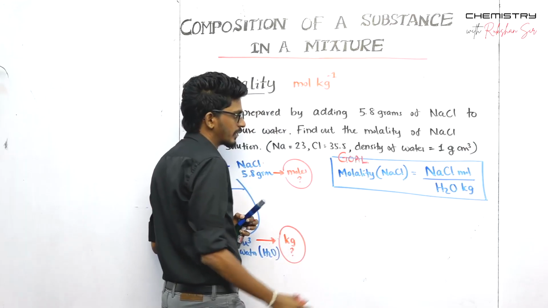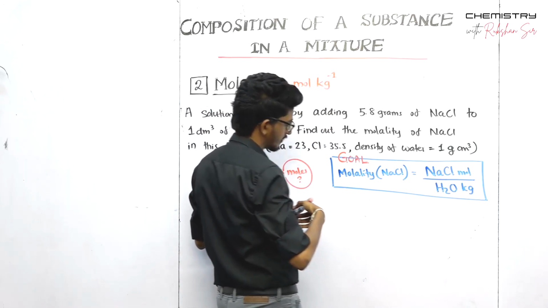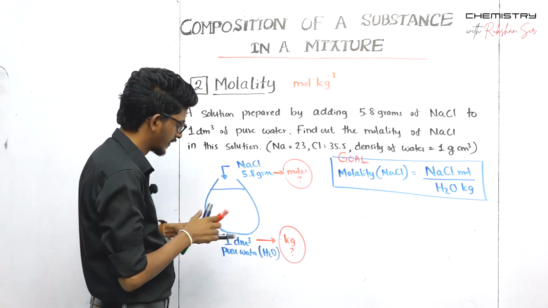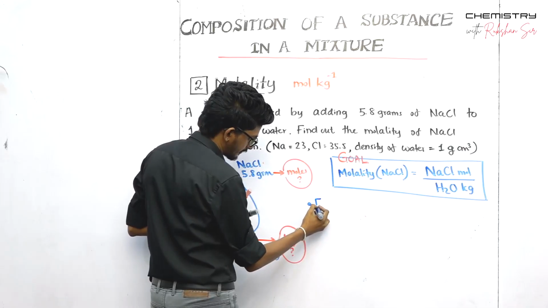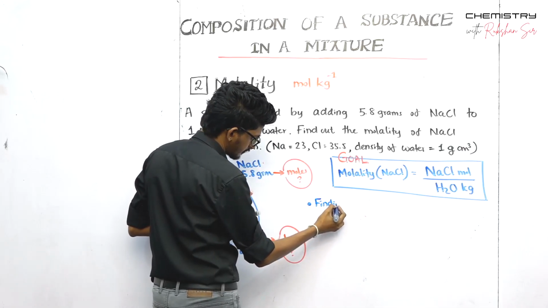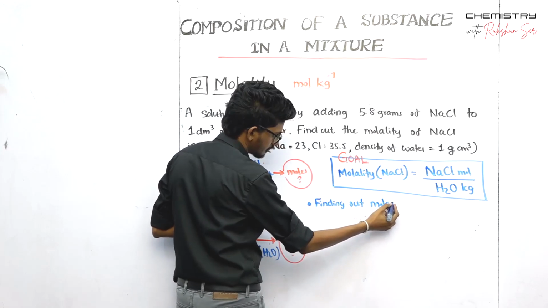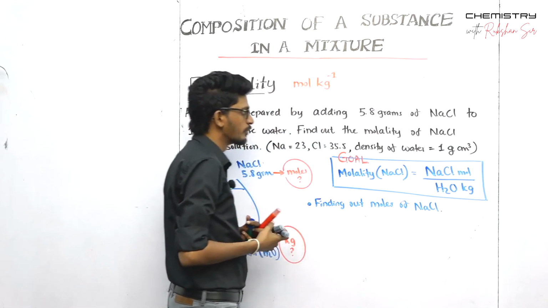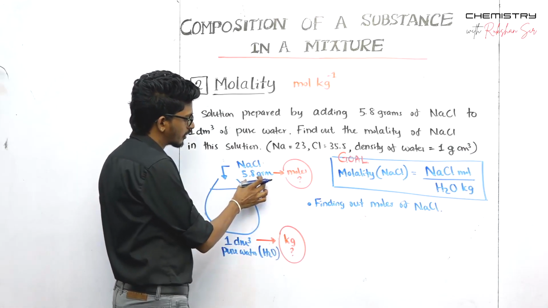So if you can solve for these two things, we can divide and come up with the answer. So first thing is actually finding out the number of moles of NaCl. Mass is given, and we need to convert it to moles.